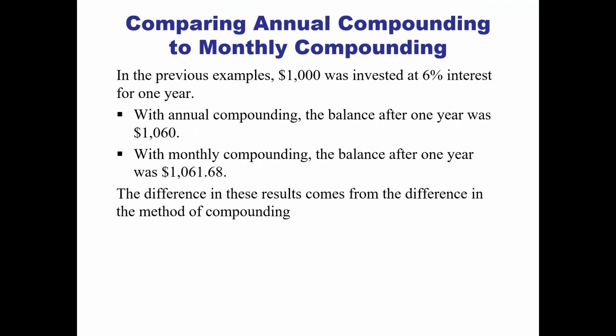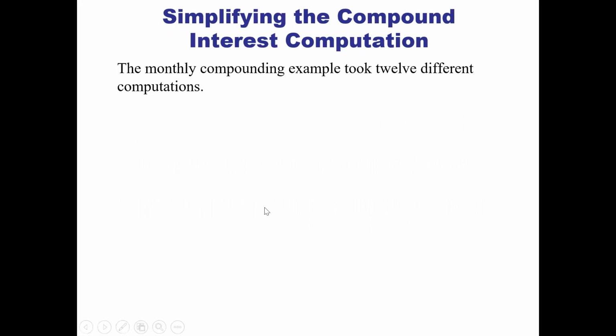Compounding once per year, you only get 1,060. Compounding 12 times per year, you get 1,061.68. What if we compounded it daily? It would be a little bit more. And eventually we get to compounding continuously. If you could ever get that on a bank account, that would be what you want, but you'll never get that.